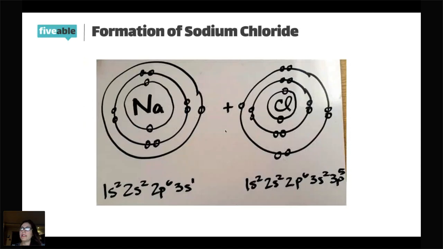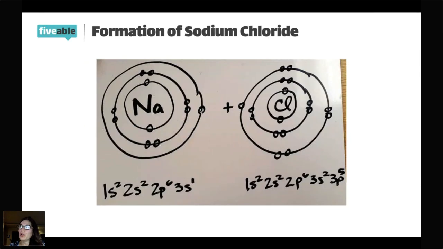So what would sodium do? Correct. It will lose this 1 electron because if it loses it, the complete outer shell will fulfill the octet. The second shell will have 8.